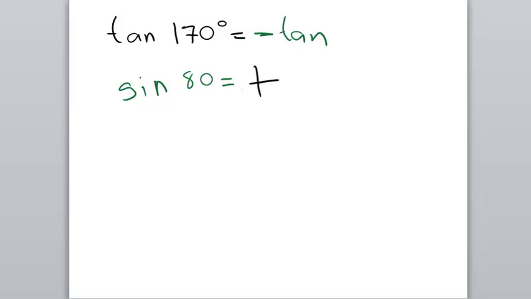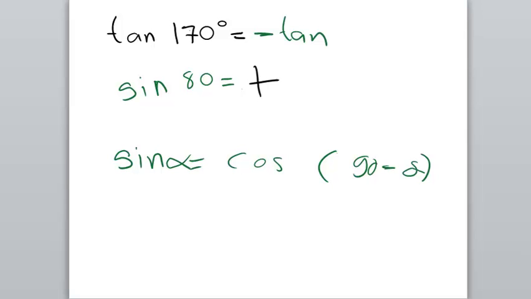The circle, what is sine? Okay, so let's say we are given sine is equal to cos of 90 minus something. In here we have to find a number for which sine is positive and cosine is also positive.